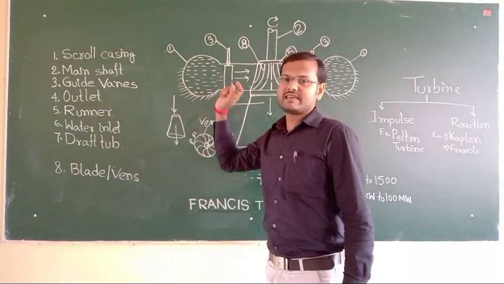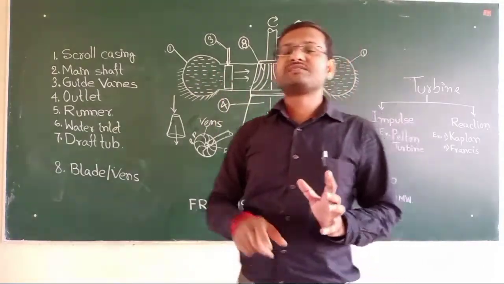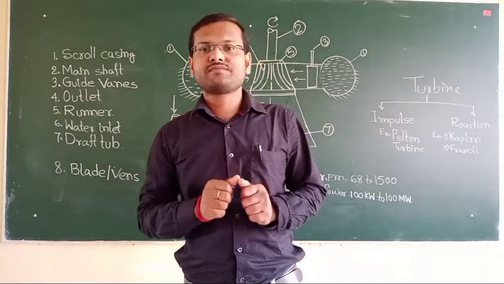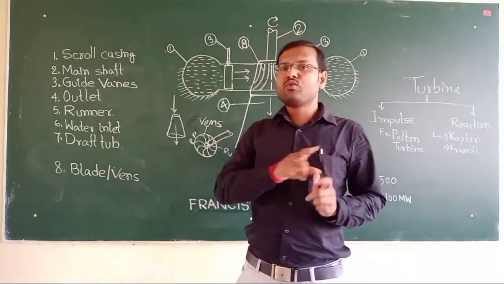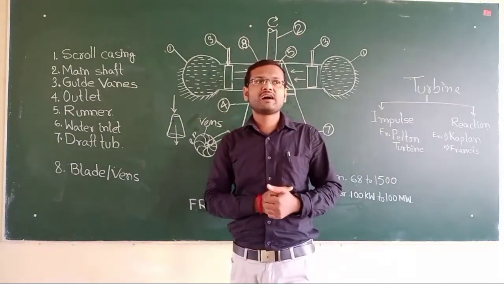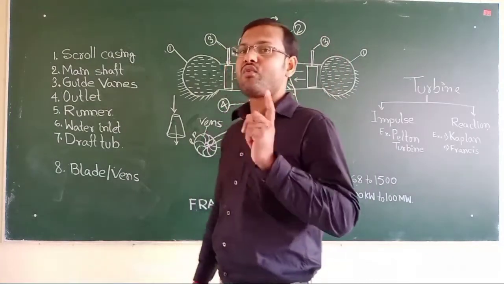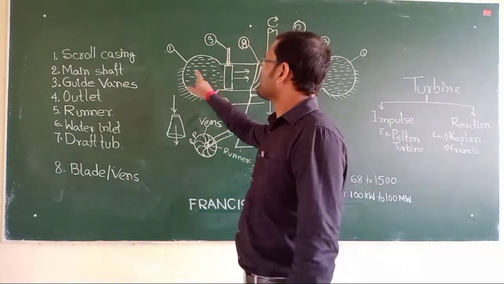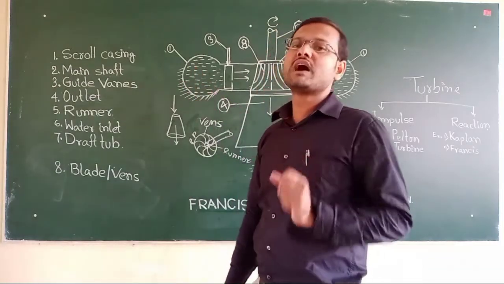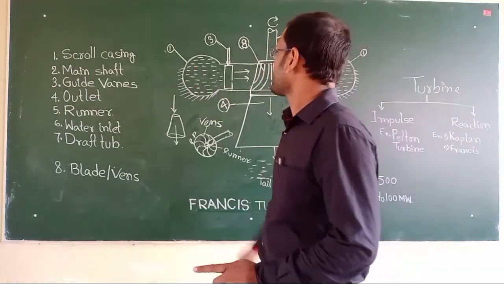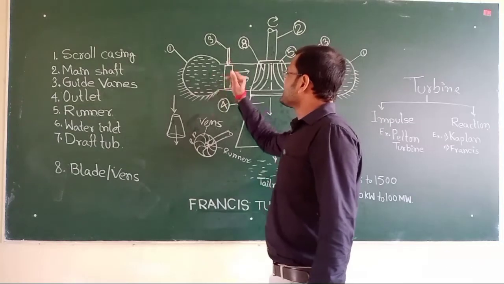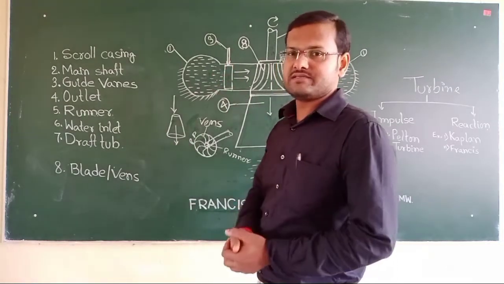The scroll casing is spiral in shape and its cross-sectional area gradually decreases, and the water enters it through the penstock. The next part is guide vanes.